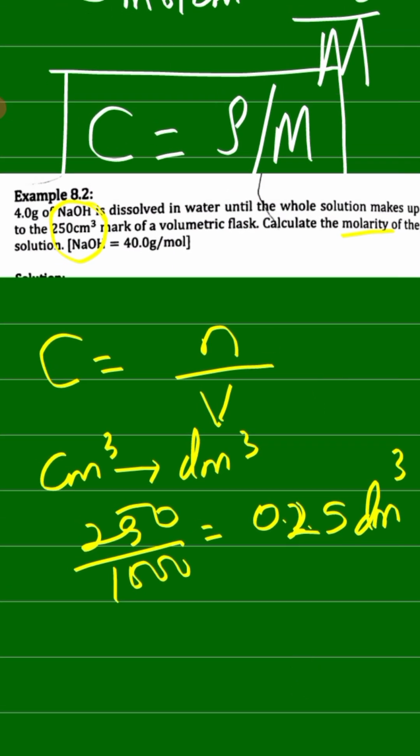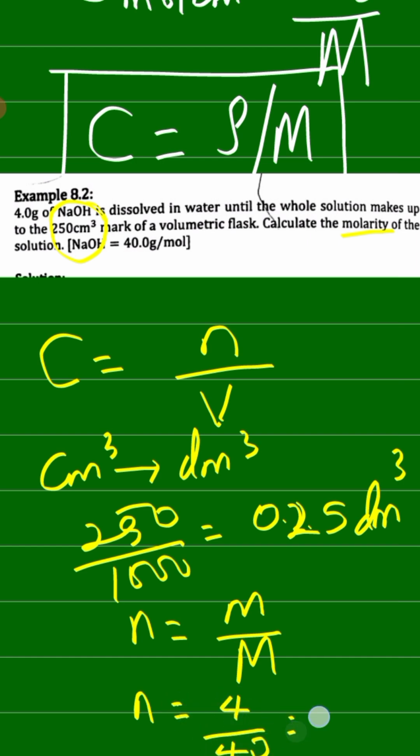The next thing is to find n. Now what is n? n is the amount of substance. And what is the formula for amount of substance? That is mass over molar mass. The molar mass is given. You can see the molar mass is 40. The mass in the question is 4 grams, as you can see. So just do 4 divided by 40.